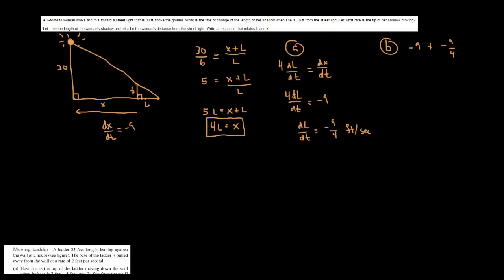So we are going to get 36/4 instead of 9. So 36/4. All right, so what do we get there? We get that the tip of the shadow is moving at a rate of -45/4. And now let's not forget units. That is feet per second. Okay?